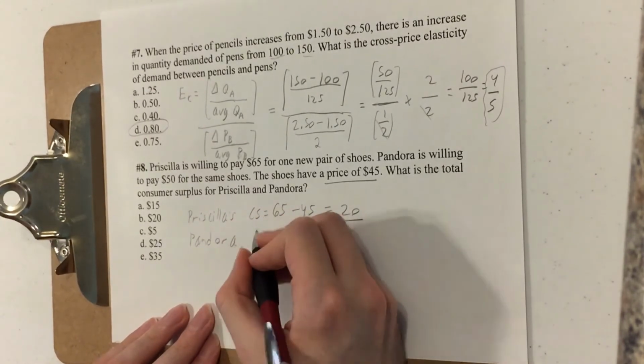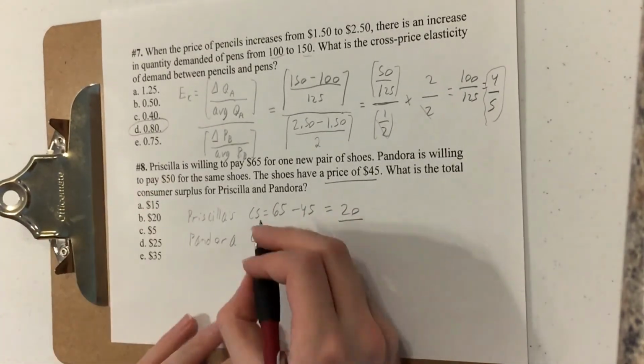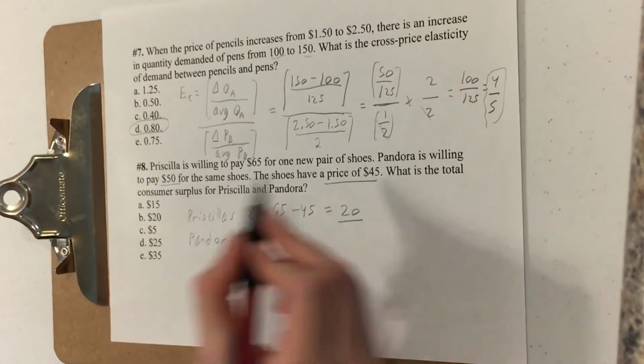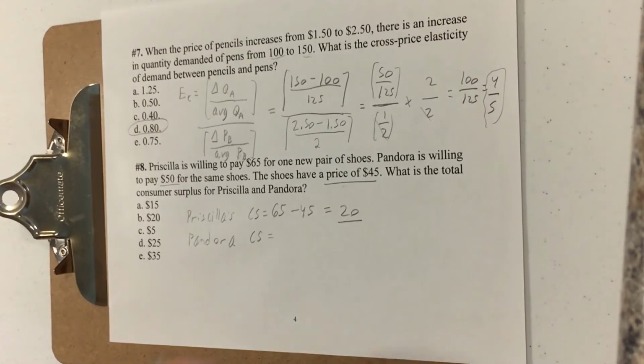Is Pandora also willing to buy, even though she's not as willing to pay? Well, she's willing to pay up to 50, and the price is just 45, so it's still a good deal for her. She's also willing to pay at that price.